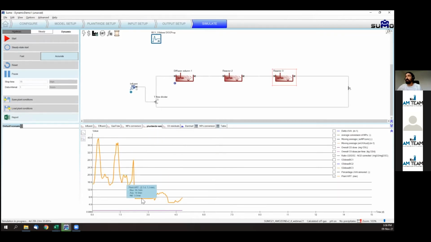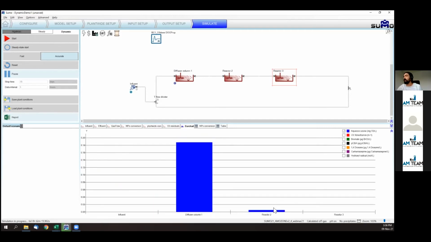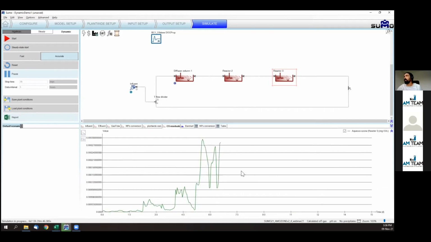And now we can see that the rain event, in which we had a minimum HRT of 7.2 minutes, is now causing another peak event with an HRT of 5 minutes, which is completely reasonable if we look at the residuals, which are very reasonable, especially at the effluent of our installation, because we are far below any detection limit in this case.